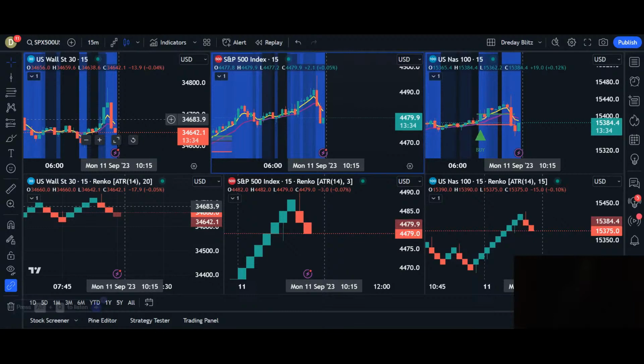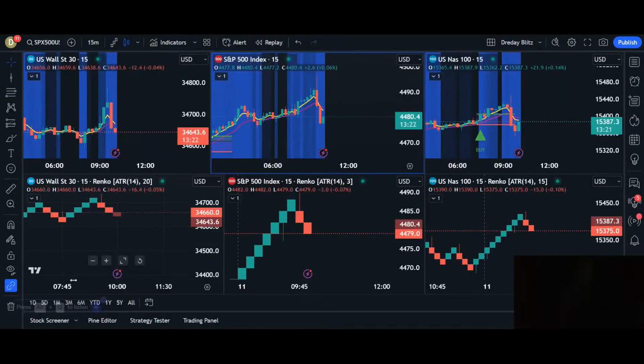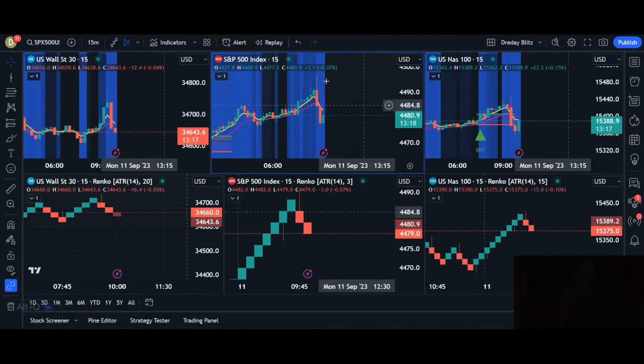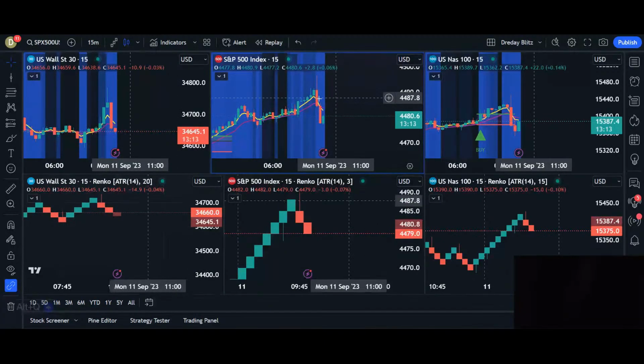But even without that specific entry mechanism, you're still able to capitalize on the move. As long as you understand reversal patterns on candlestick charts, you're able to capitalize on any move here.